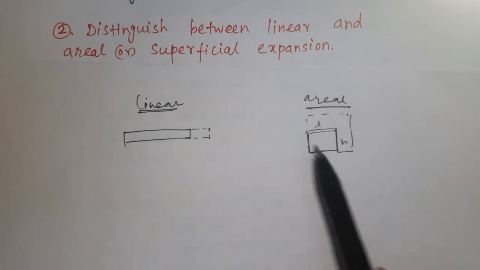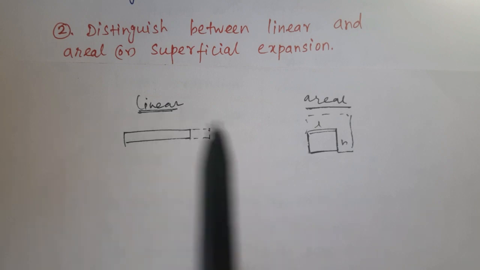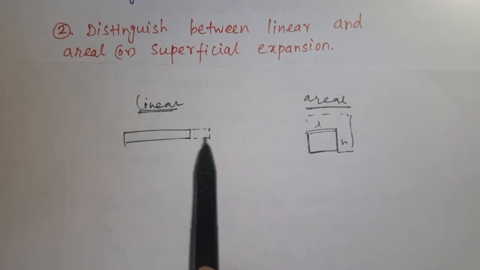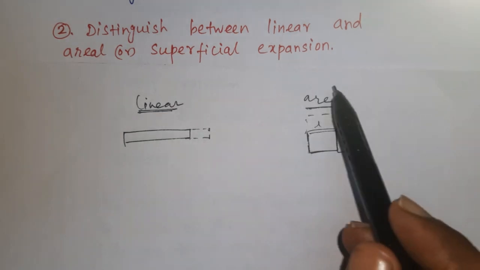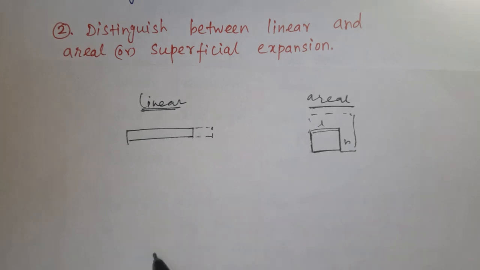In general, we have to apply heat to both the objects. For linear expansion, the object expands in length. In areal expansion, the object expands in area.